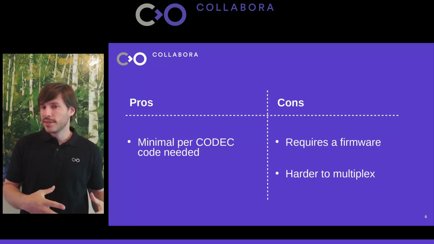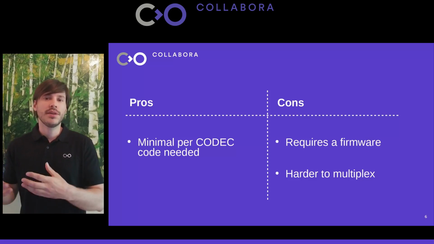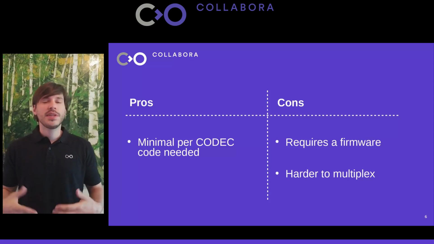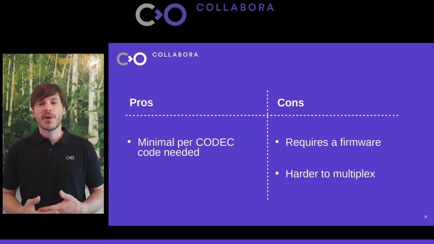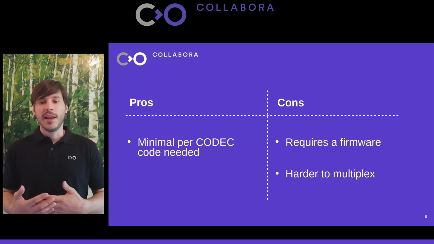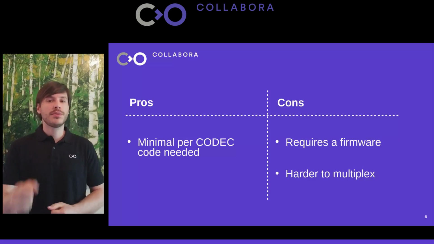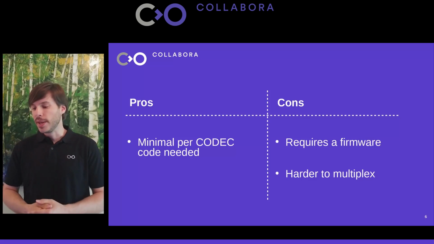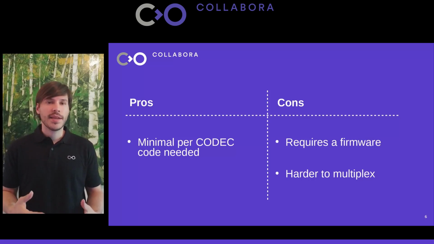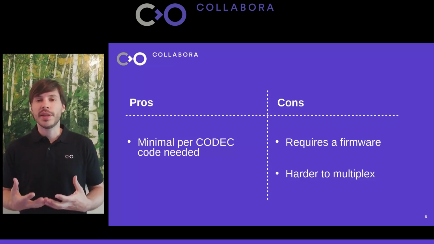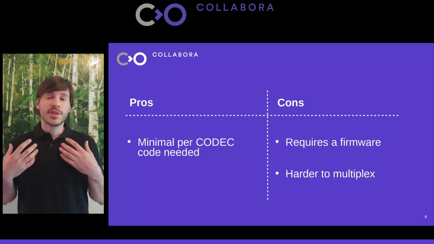Now, the downside is that to drive these accelerators, you need a firmware. And why it's a downside is because most of these firmwares, actually all of these firmwares, are proprietary and are blobs, basically. So it's a piece of software that you actually upload to the chip and you have no idea what it's doing. And this piece of software, as it manages your decoding session, may have some limitations.